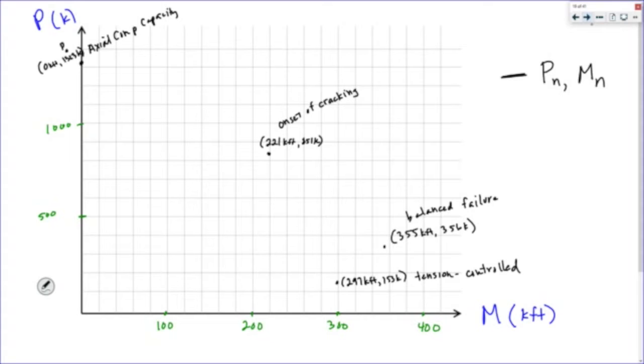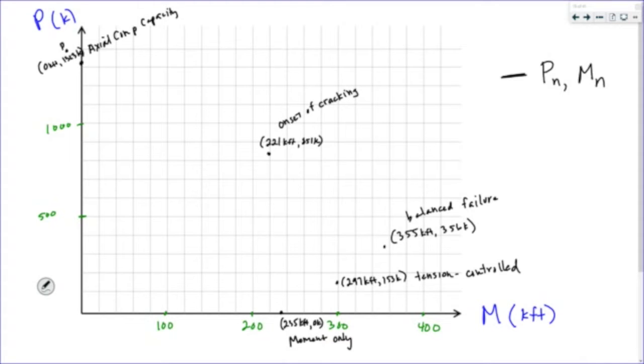Let's see, something right here. 235 kip feet, 0 kips. And it's moment only, bending flexure only, no axial capacity whatsoever. Basically what you've been designing so far.